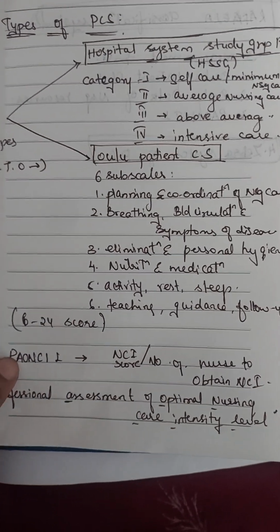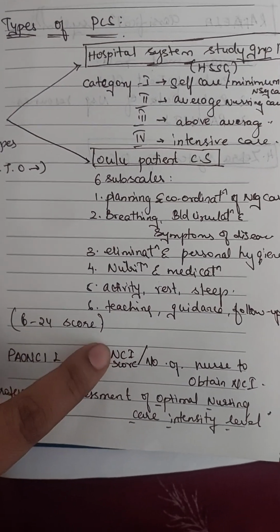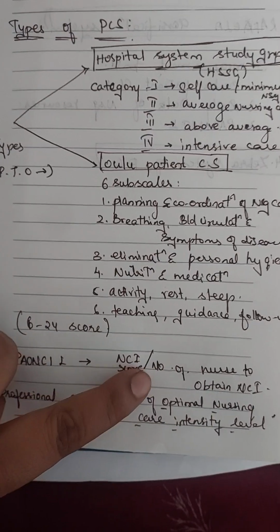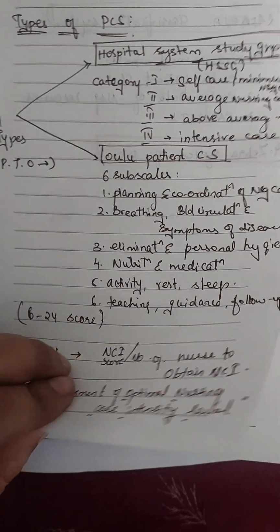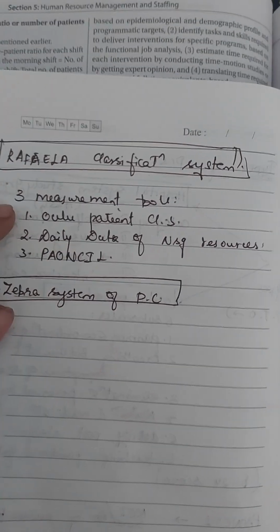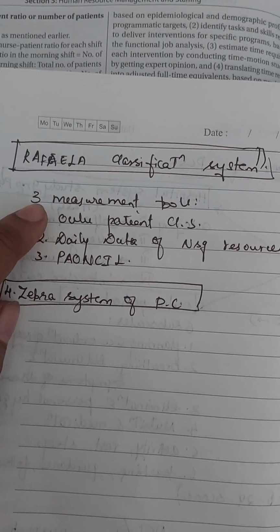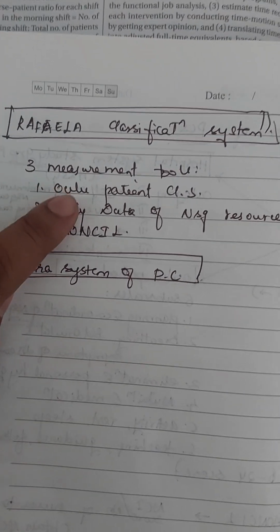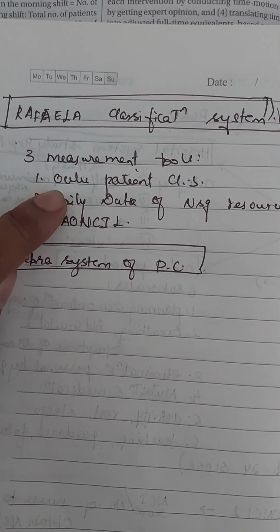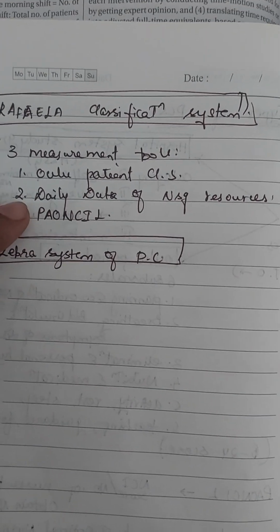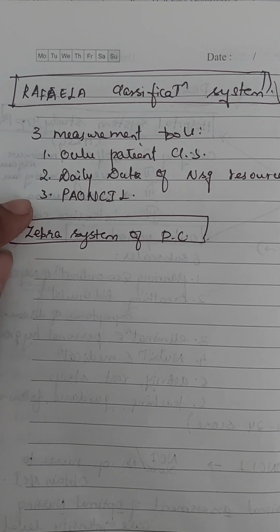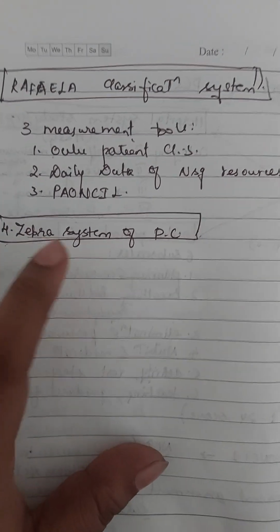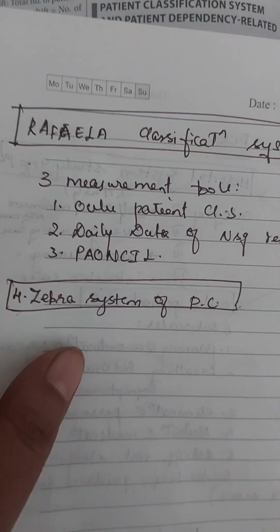It is done by dividing the nursing care intensity score by the number of nurses to obtain the nursing care intensity. The third one is the Rafaela classification system. Here we have 3 measurement tools: the OLU patient classification system, daily data of nursing resources, and PANCIL. Next is the Zebra system of patient classification.